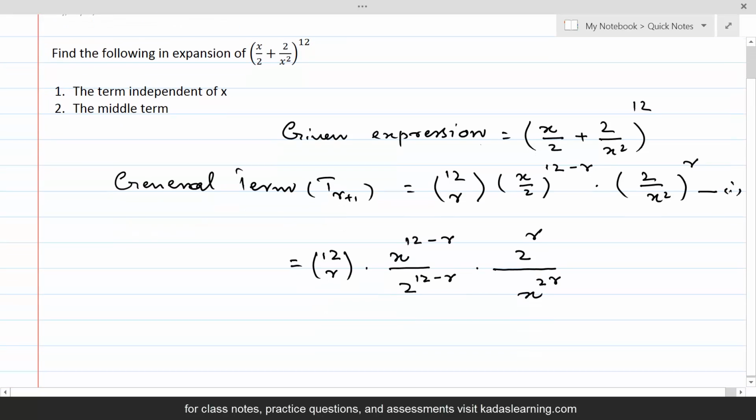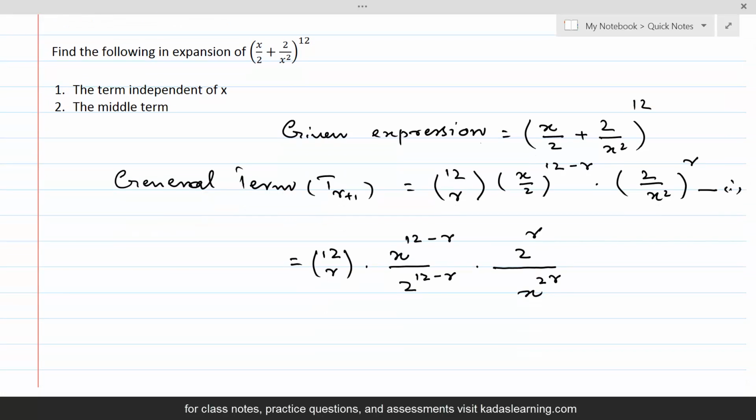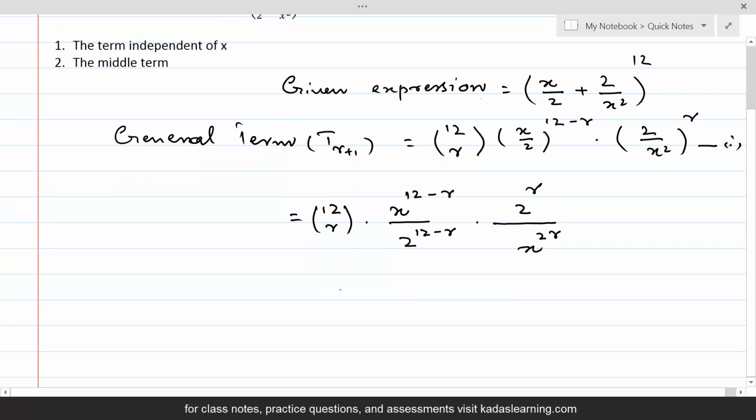This is what we get by separating the powers of the numerator and the denominator. Now we add up powers wherever we can.